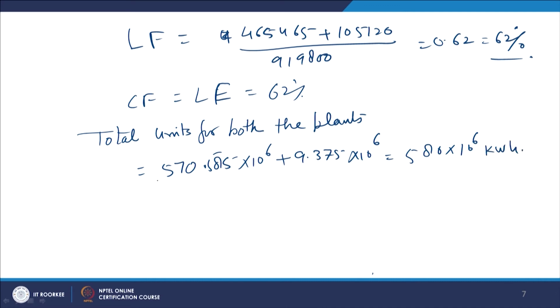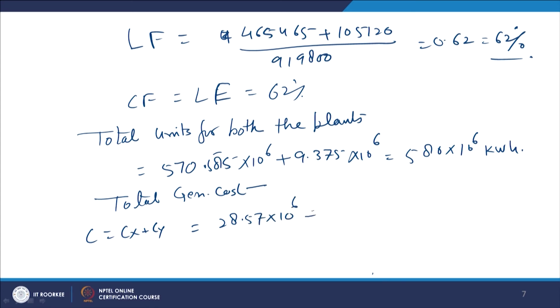So, total generation cost C is equal to Cx plus Cy is equal to 28.57 into 10 to power 6 plus 2.25 into 10 to power 6, which is equal to 30.595 into 10 to power 6.